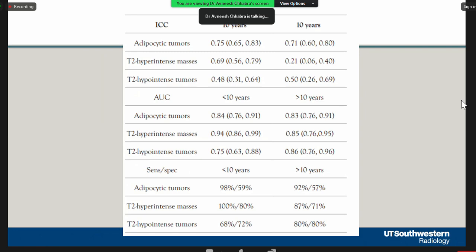So this you can think of as a diffusion into the public of this knowledge. Then we divided the readers into less than 10 years of experience or more than 10 years of experience, and we found no differences, very similar accuracies and inter-reader reliability.